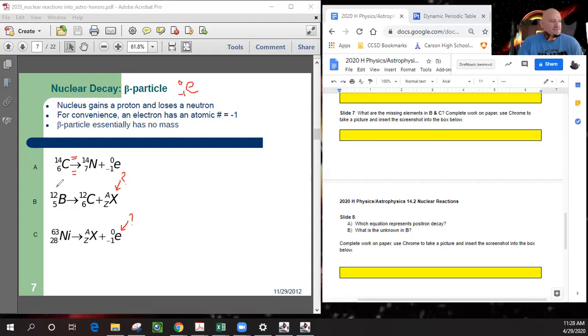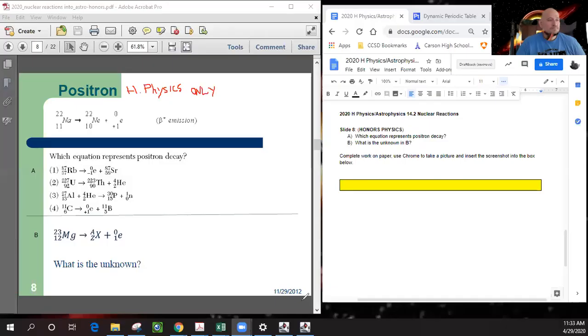So make sure the left side and the right side are balanced out. So this is B and C. So you guys on paper, go ahead and do B and C. Use your Chromebook to take a picture of it and insert the screenshot into the box here. All right, if you have any questions, text me and we'll pause recording and let you guys go ahead and do that. And we'll touch bases on slide 8.